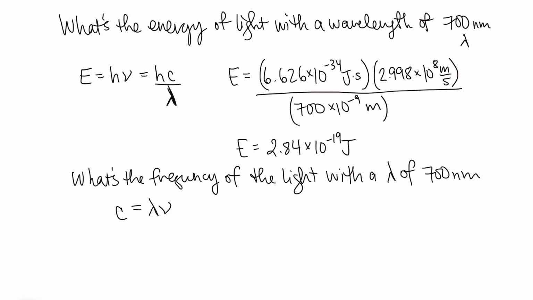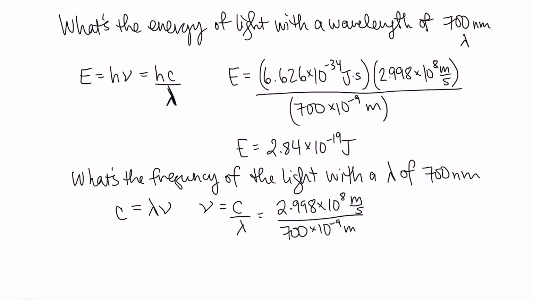I know c and lambda, so if I solve for nu, I get c over lambda. So I can plug in here 2.998 times 10 to the 8th meters per second, and I'll divide by 700 times 10 to the minus 9th meters, and I get 4.28 times 10 to the 14th. My meters are gone, and I just have per second left. Okay, that is my frequency of light.